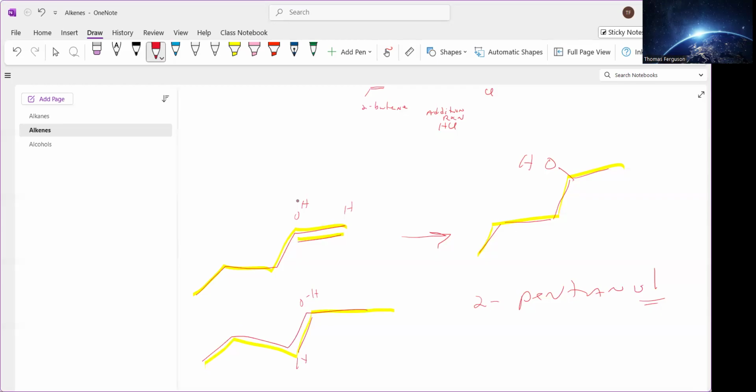Well, H2SO4 is part of the conditions. Our question had to do with H2SO4. So this requires water and H2SO4 for both of these, because we're adding across a double bond.